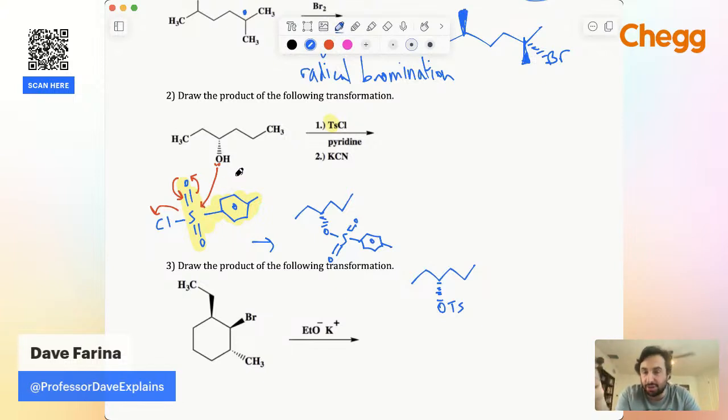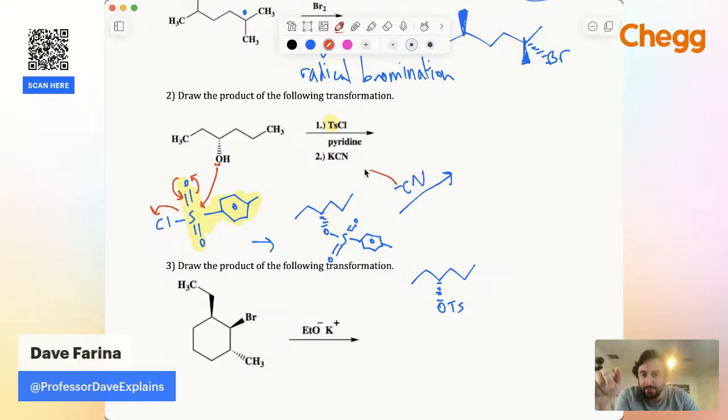This is a tosylation because we're putting a tosyl group on there. Now look what happens, right? We can do this. Let's react with KCN. So potassium is just the counter ion. CN minus is the nucleophile. Now this can do SN2. So whereas an alcohol could not be an SN2 substrate, this can be.